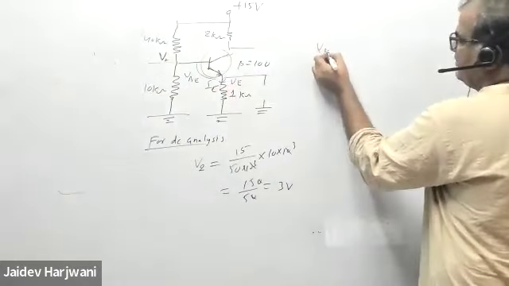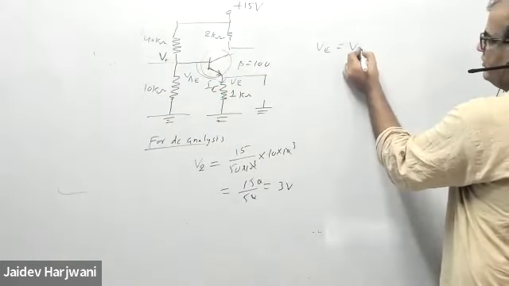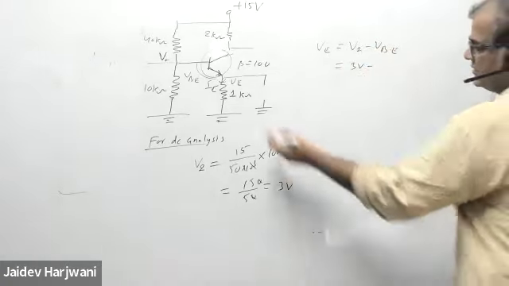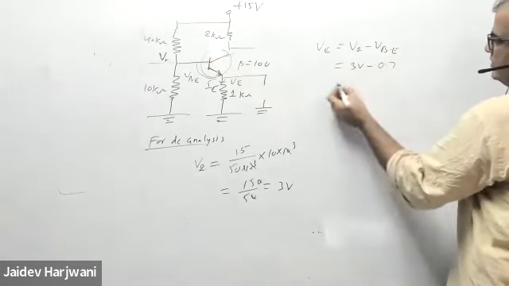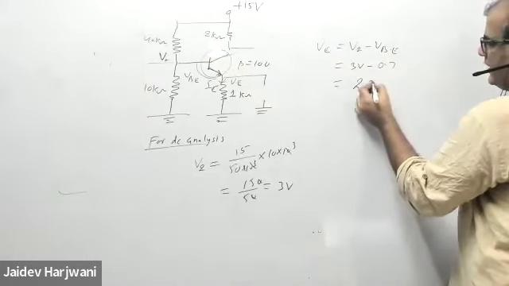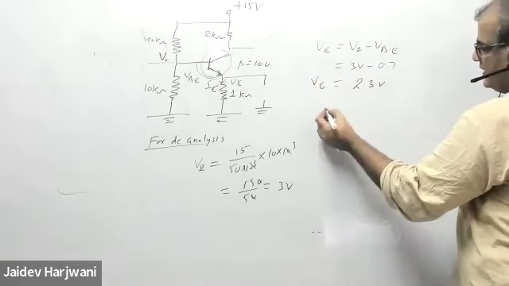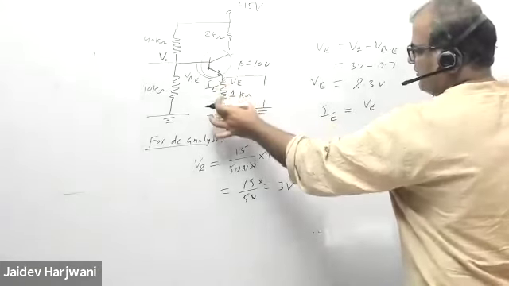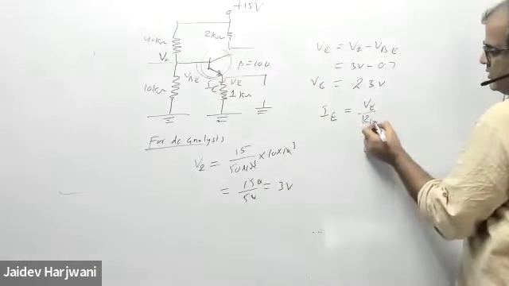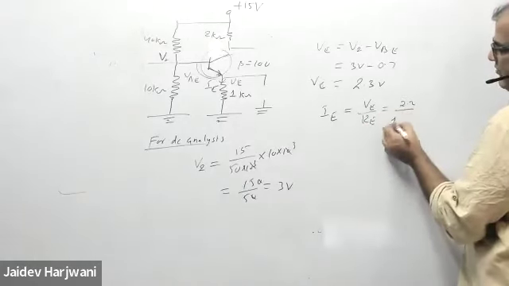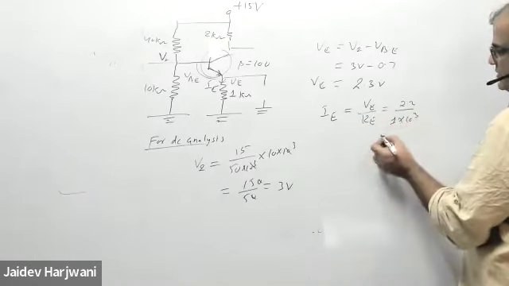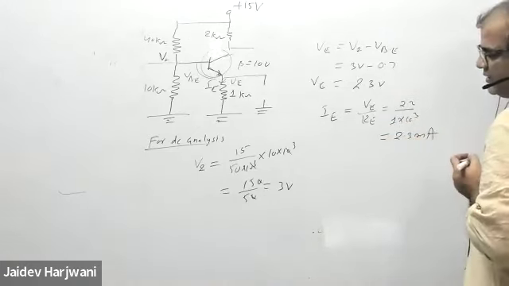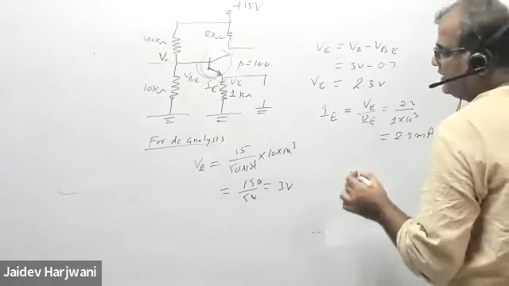VE will be V2 minus VBE, which is 3 volt minus 0.7 volt, giving 2.3 volt. That gives me the IE value: IE will be VE divided by RE, so 2.3 volt divided by 1 kilo ohm, that is 2.3 milliamps.